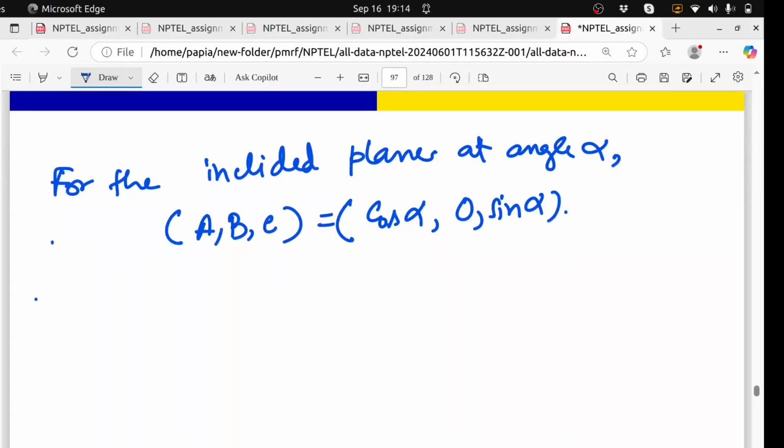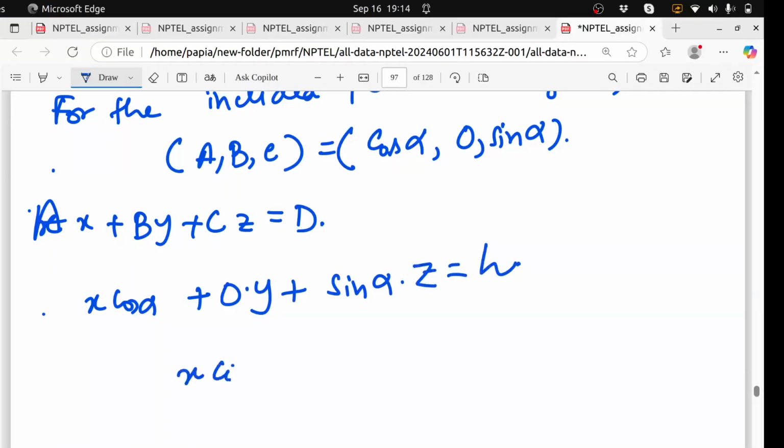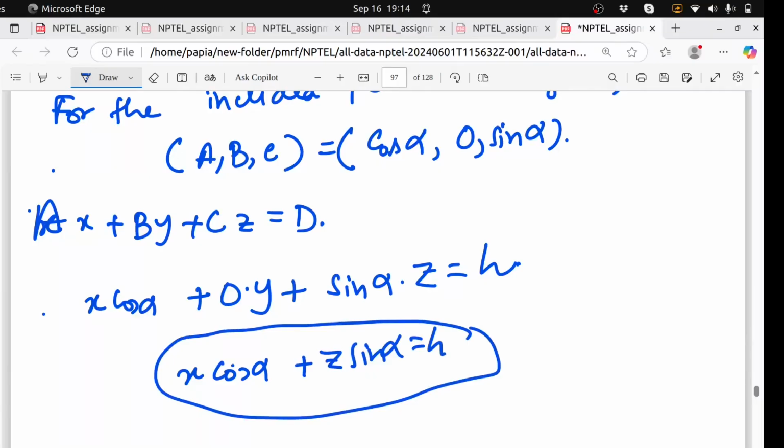So previously it was ax plus by plus cz equals d. Now in this case, x cos alpha plus 0 into y plus sin alpha into z equals h. So this will be x cos alpha plus z sin alpha equals h. So this will be the case, right?